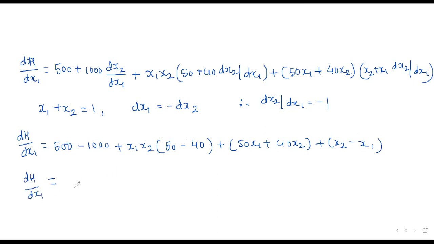So dH divided by dx1 is equal to minus 500 plus (50 minus 40).